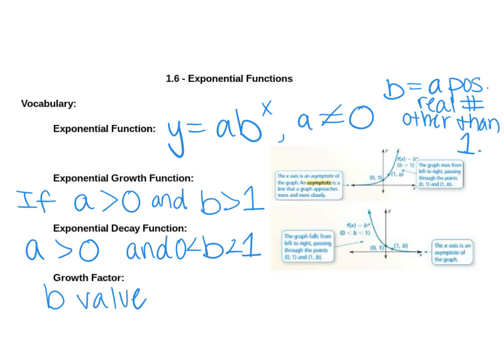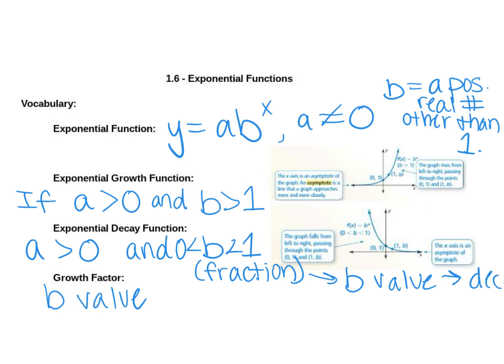So basically it's a fraction. And then if you have an exponential decay function, you have a decay factor. So that's your b value, the b value turns into your decay factor. Okay? So this is what an exponential function looks like over here.